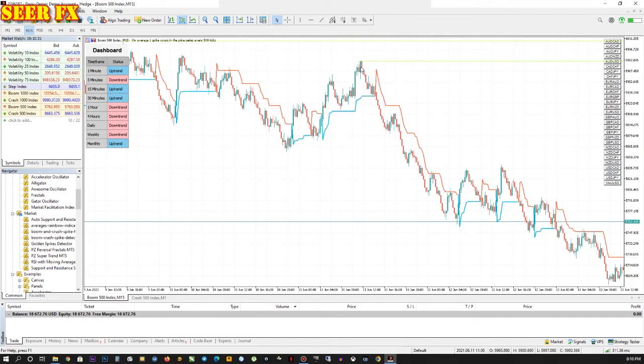If it breaks this resistance, it will repaint. So to enter the trade perfectly, you need to wait for your super trend indicator. It doesn't repaint. Once it gives you the signal, that is final.